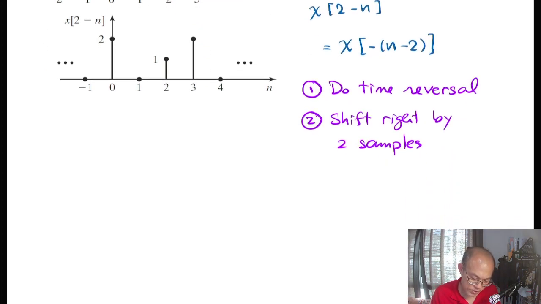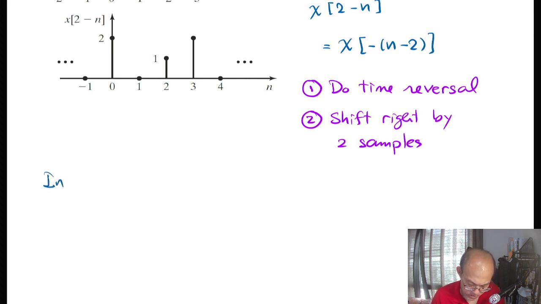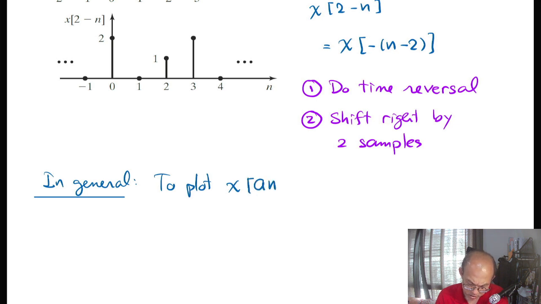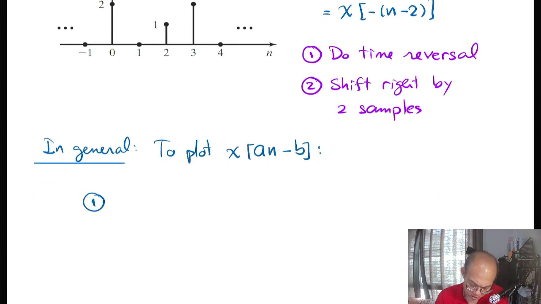So in general, what you do, to plot x of a n minus b: first, write x of a n minus b over a.